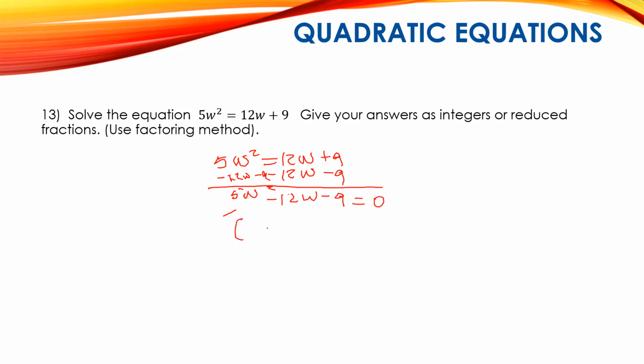And if we factor this, we have 5w and w, and 9 is 3 times 3, or 9 times 1. That is, we use 3 times 3.